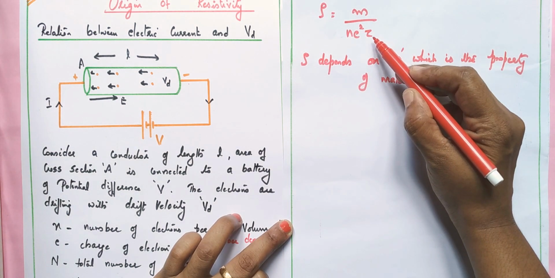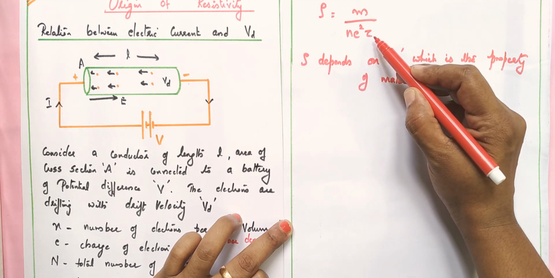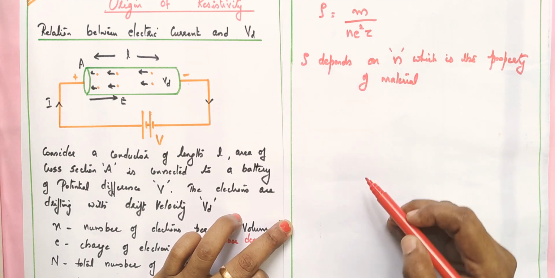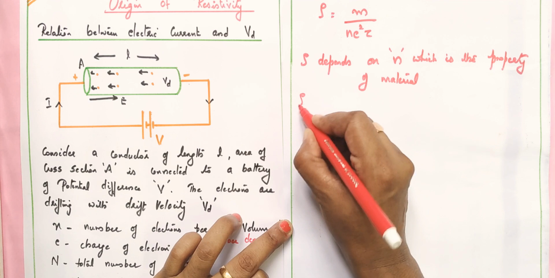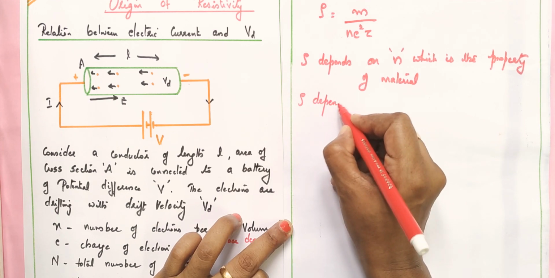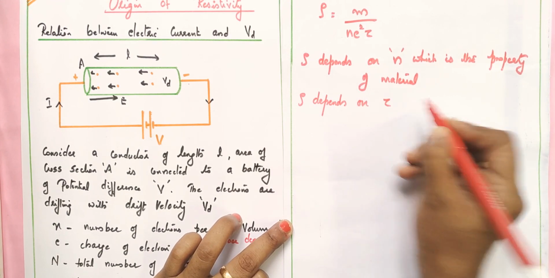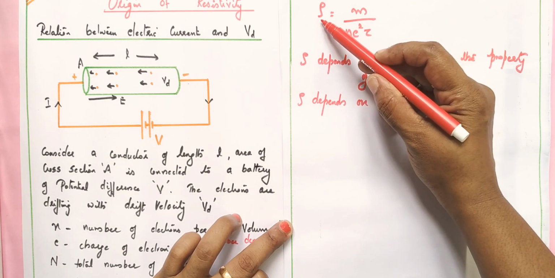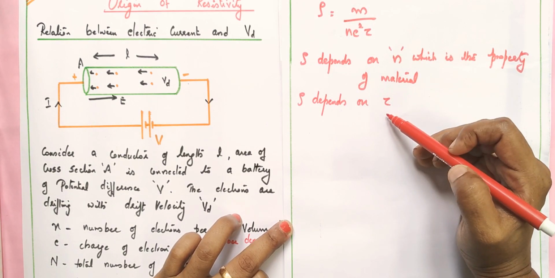And it also depends on tau. Tau represents the relaxation time. Relaxation time depends on temperature. We know that as temperature increases, collision increases, and hence the relaxation time decreases. So it also depends on relaxation time, which in turn depends on temperature. Thus we can say that resistivity depends on nature of the material and temperature.